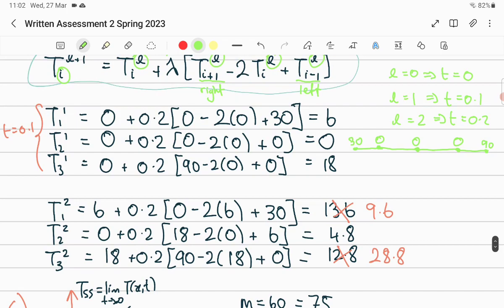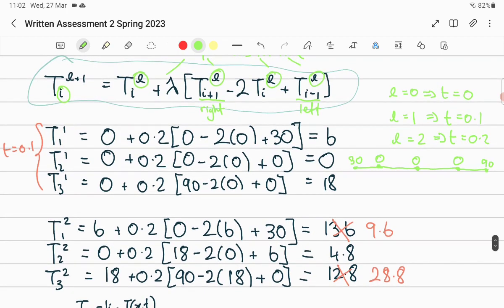Now, this formula says use the previous. So the previous T1, T2, T3 were all 0. The step size, well, it's not really a step size, the lambda was 0.2. And then if you look over here, this is temperature 1, remember? Well, I guess this is actually temperature 1, 0, temperature 2, 0, temperature 3, 0, with 0 corresponding to initial time rather than 0 temperature.